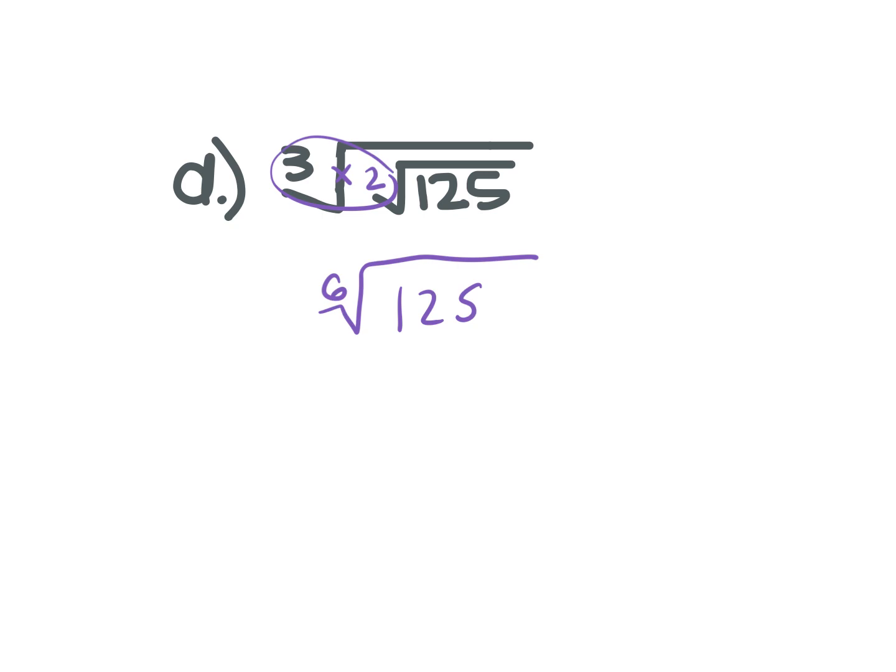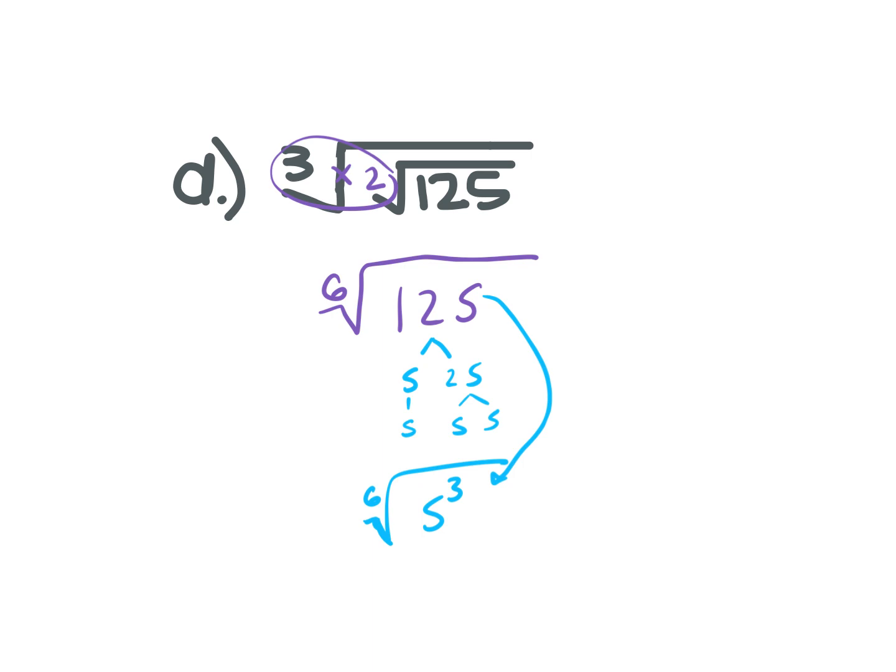Now we want to simplify the 6th root of 125. So let's break down 125. Our factors of 125 are 5 and 25, and then our factors of 25 are 5 and 5. So here, we don't have 6 of a kind, but we do have 5 to the 3rd power, which is the same as 125. So this is the 6th root of 5 to the 3rd power.